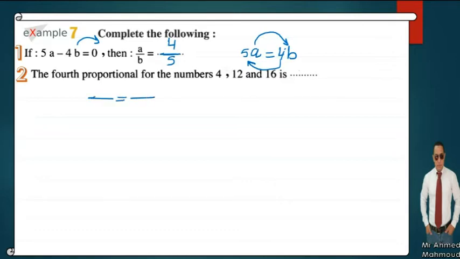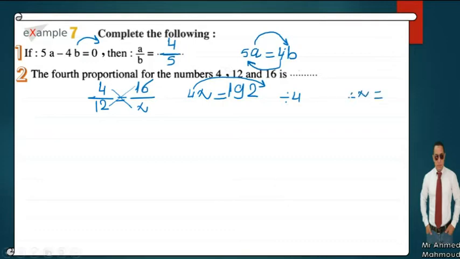Here the first is 4, the fourth proportion is x, then 4 over 12 equals 16 over x. By making the cross multiplication, then 4x equals 16 times 12, which is equal to 192. Then send 4 there, divide by 4, therefore x equals 48.